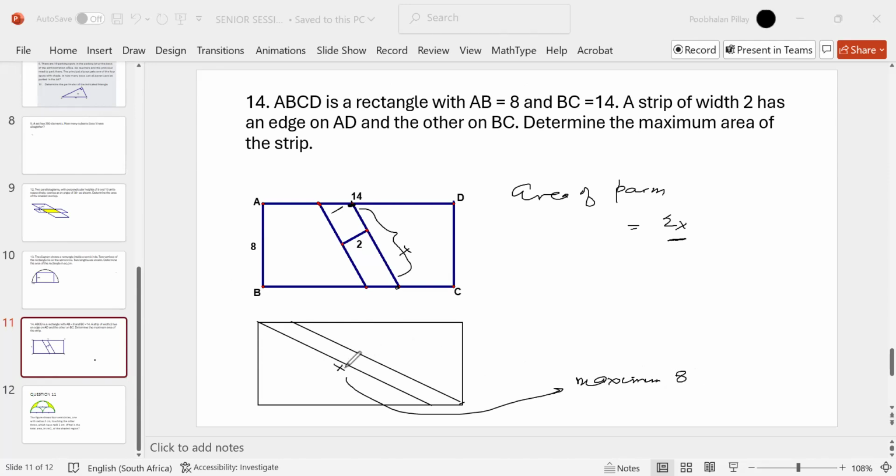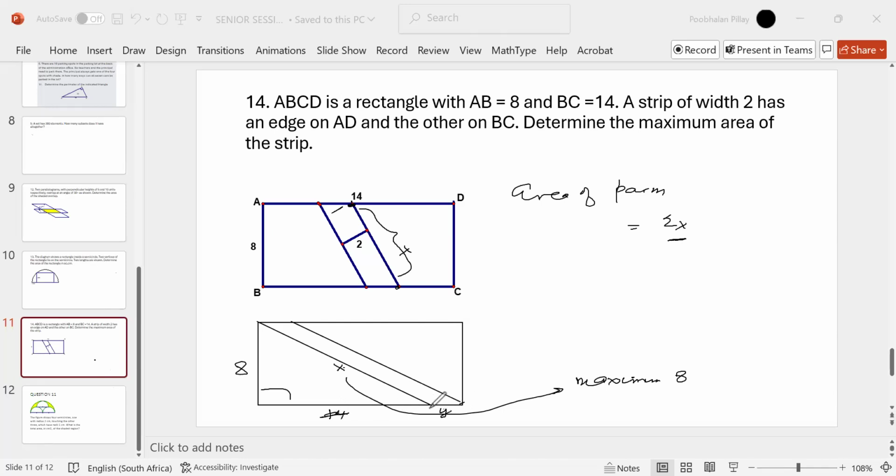Okay, now, what is this x here? Well, we already know that this is 14 and this is 8. So this is O. Now we have to be a little bit careful. We can call this x. Let's call this y here.